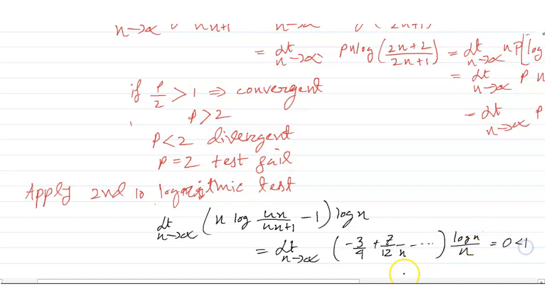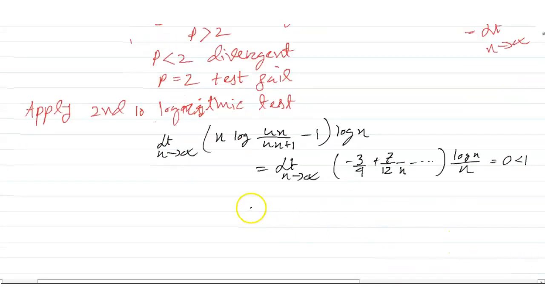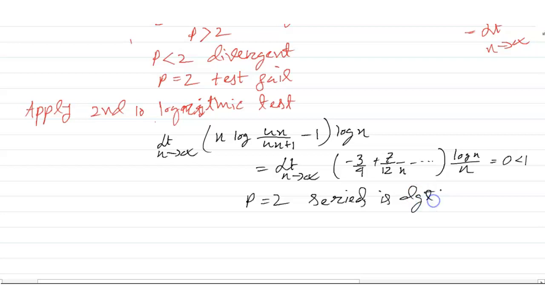Zero is less than 1, so for p equals 2, the series is divergent.